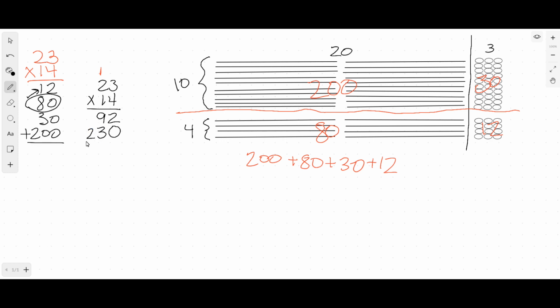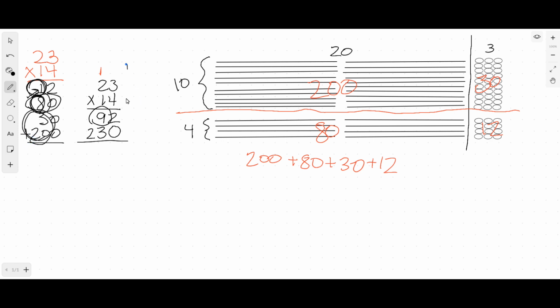There's that 200. And then of course I would add it all up. So this 9 is actually a blend of this 1 and this 8. And this 23 comes from these pieces being put together.